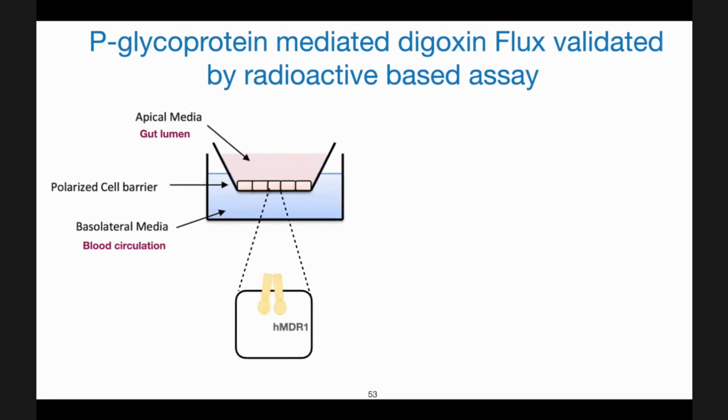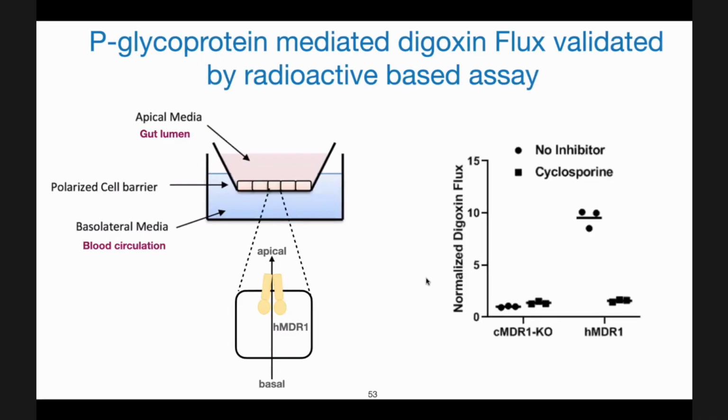You could see that this cell line was overexpressing human MDR1, and the substrate was present on the basal side, moving from the basal to the apical side. And here we validated this assay by showing that the MDR1 knockout cell line did not have any digoxin flux, but the human MDR1 cell line had flux, which was inhibited in the presence of cyclosporin up to tenfold.